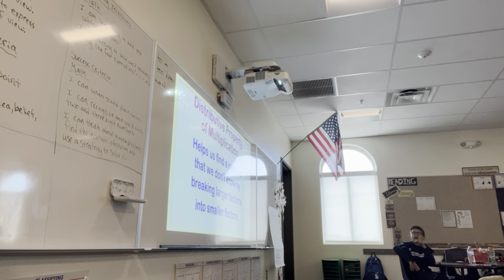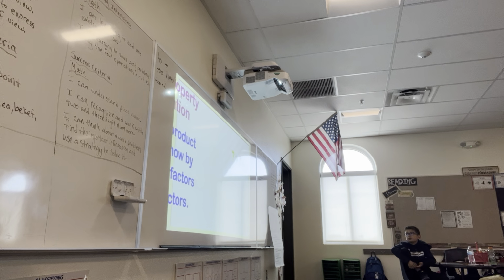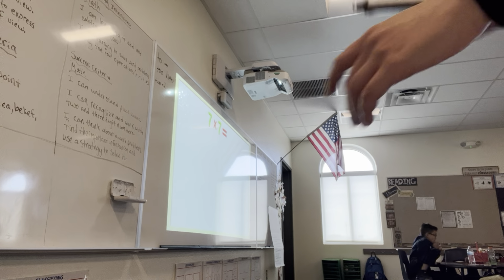The distributive property helps us find a product that we don't know by breaking larger factors into smaller factors. This can sound a little scary, but once we understand it, we will see that it is not that bad. Here we have the problem 7 times 7. I still struggle with multiplication, so I am going to use the distributive property to make this easier to solve. We are going to take this 7 here and break it apart into 2 smaller numbers.